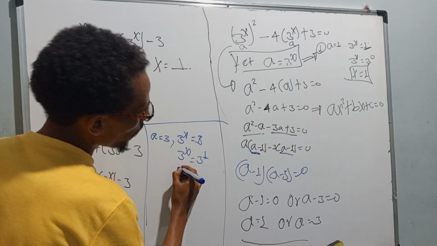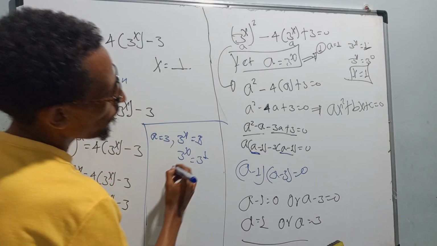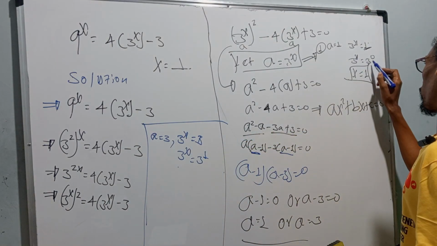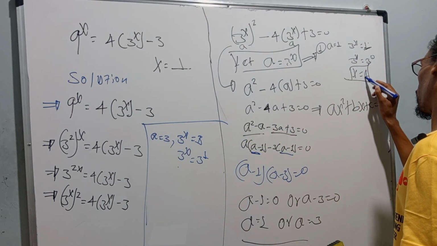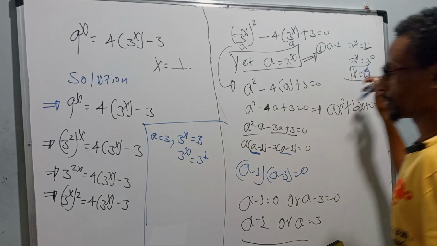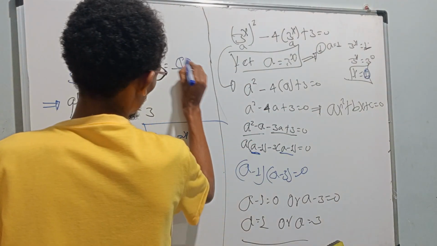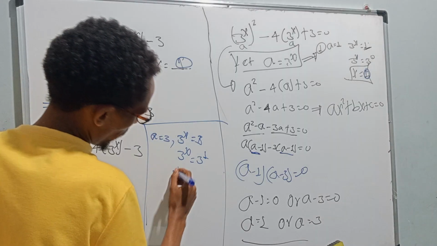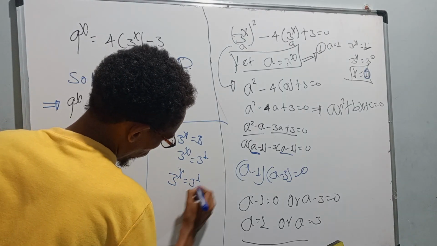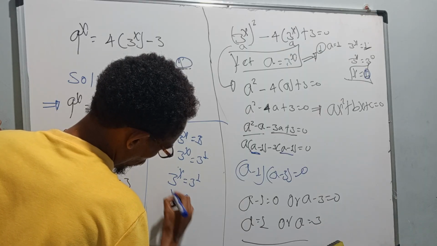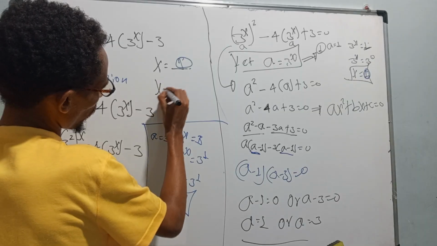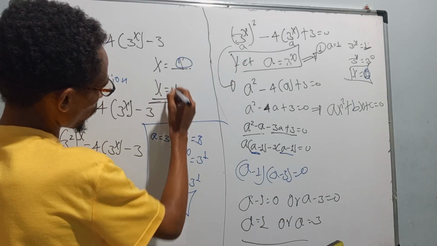So from here, 3 to the power of x is equal to 3 to the power of 0 means x is equal to 0. So the first solution of x is 0 here. And also again from here, 3 to the power of x is equal to 3 to the power of 1 means x is equal to 1. This is the second solution of x. So x is equal to 1 is the second solution.